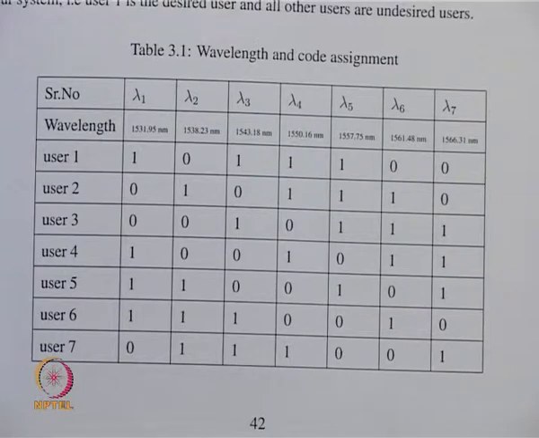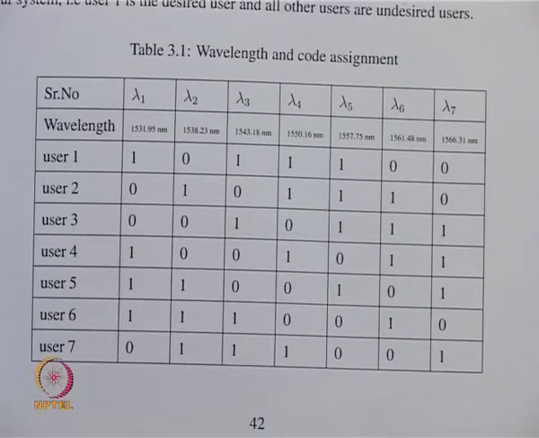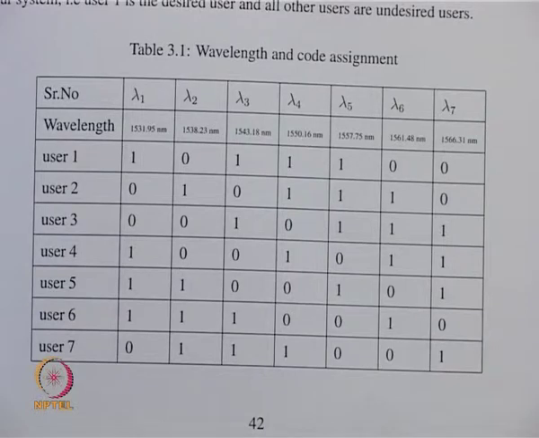Lambda 1 value 1531.95, lambda 2 1538.23 are such that they are from an ITU grid and not randomly taken. So encoding of this signal is done and decoding is done with respect to the principles of a spectrally coded optical CDMA system.